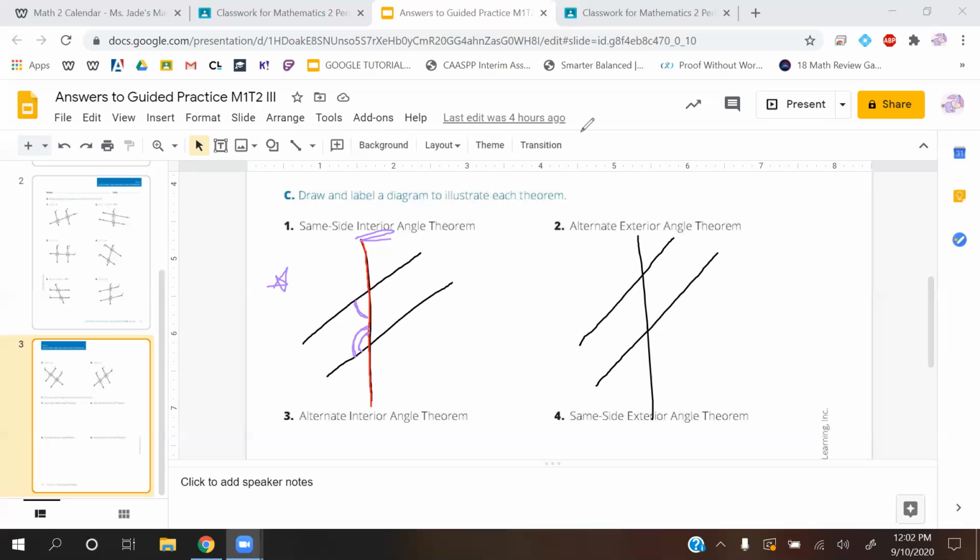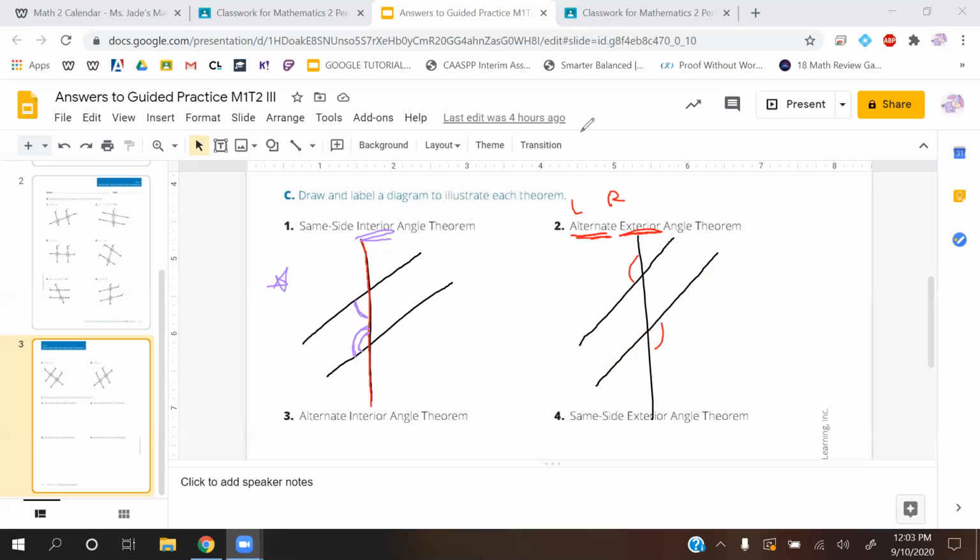Okay, so this one says alternate, so I don't really have a choice. One has to be left, one has to be right, and now they're exterior. So that means they have to be on the outside of our parallel lines. Let me just highlight our parallel lines here. These are the parallel lines. I must choose them on the outside of that. So I'm just going to do one left here and one right here.